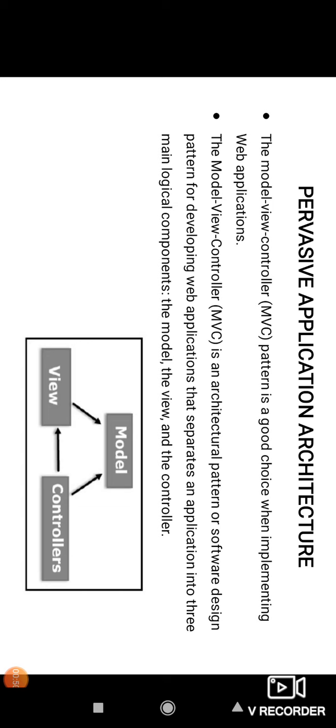Let's see about that. In this architecture, the model view controller, which means the MVC pattern, is taking an important role. It is used to develop web applications, and this MVC is also called an architectural pattern or software design pattern.